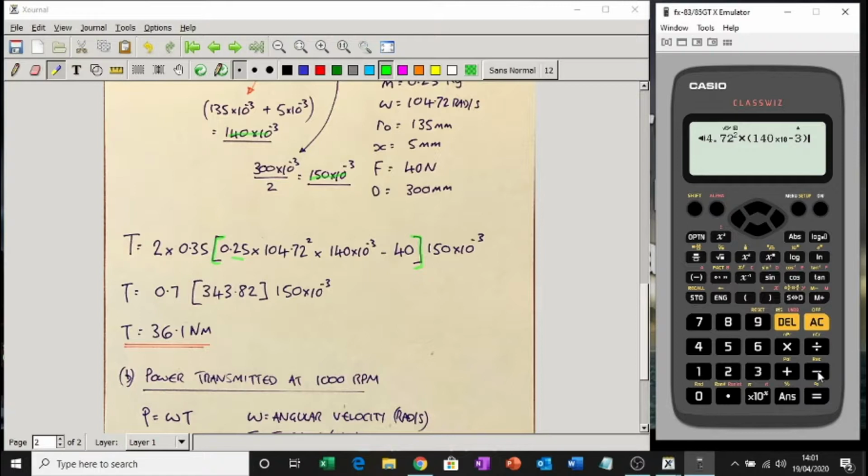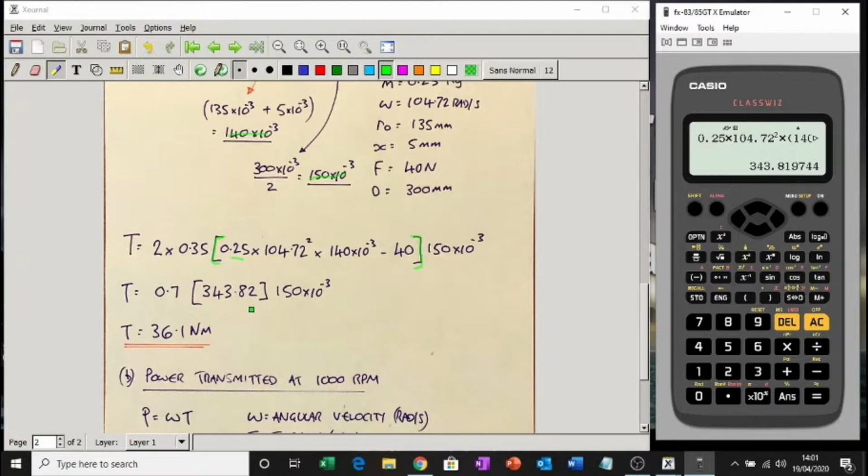Close that, take away 40 equals 343.82. Now obviously it's better if you keep it all, because it's a bit more accurate. So I'll keep it in there for now.